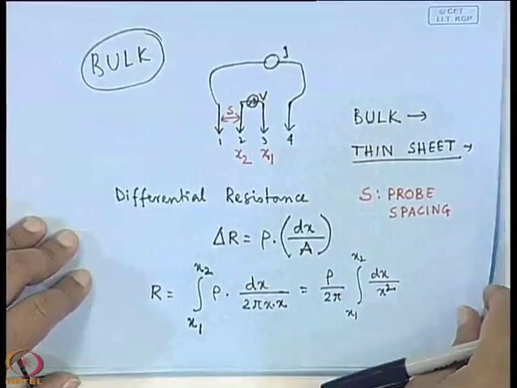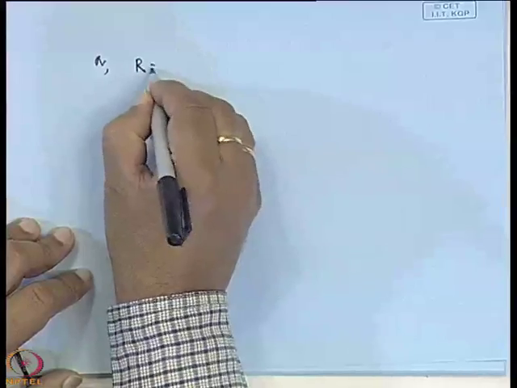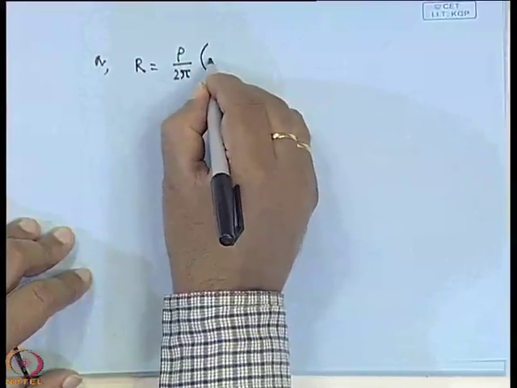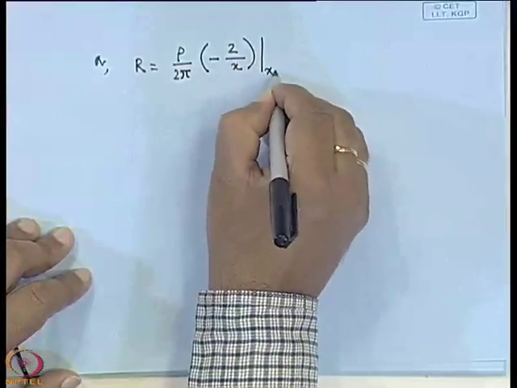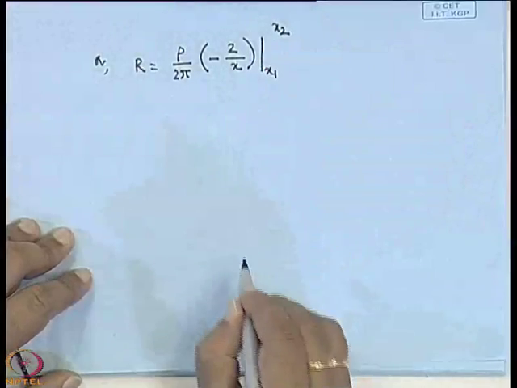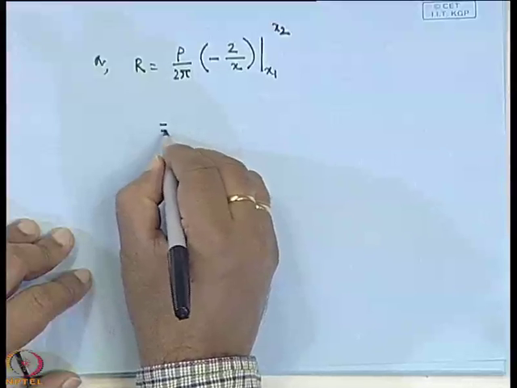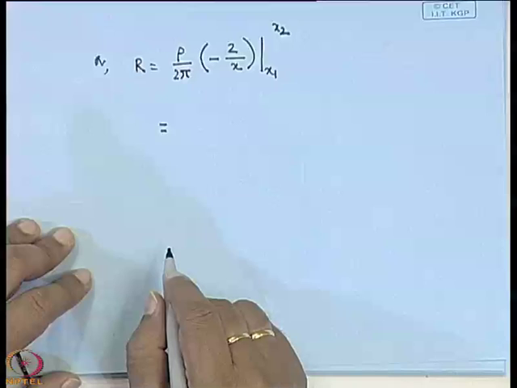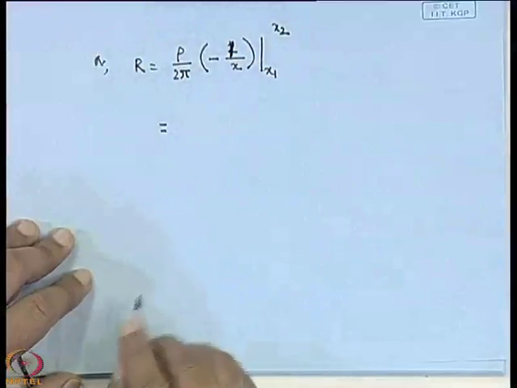Then if you work out this integration, R will be equal to rho by twice pi into minus 2 by x between x 1 and x 2. No, not 2 by x, it is 1 by x. Okay.